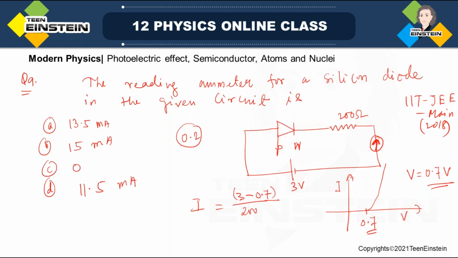Now if you subtract this 0.7 from 3 and then divide that by 200, you will get 0.0115, which, if you multiply by 10 to the power 3, gives 11.5 milliampere.